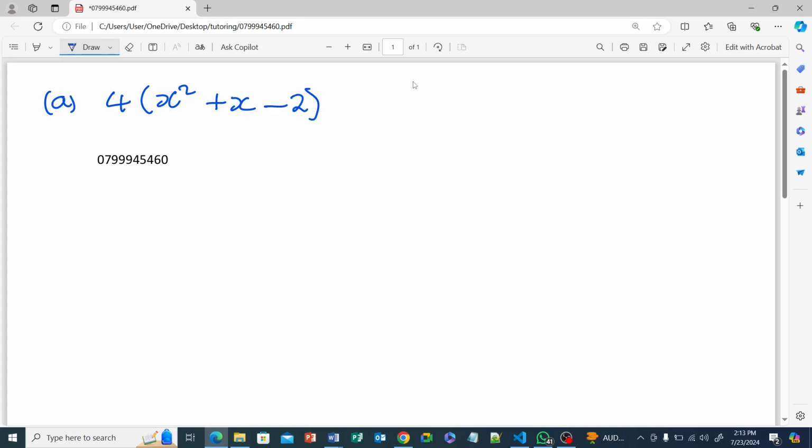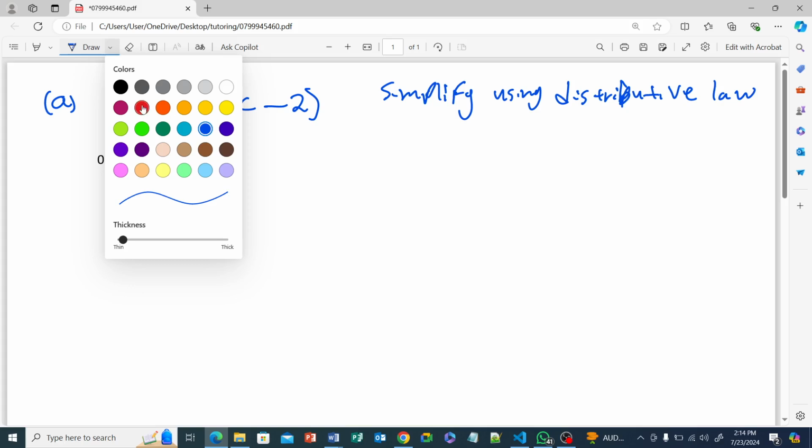I asked you to simplify using what we call the distributive law. Now, how do you solve this equation using the distributive property?